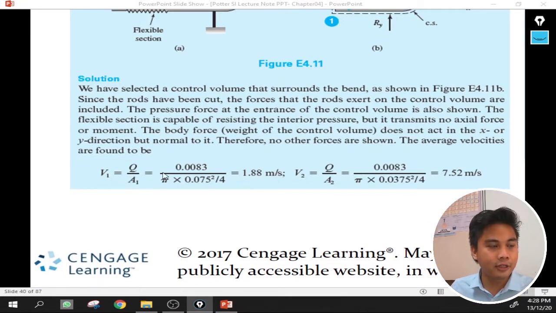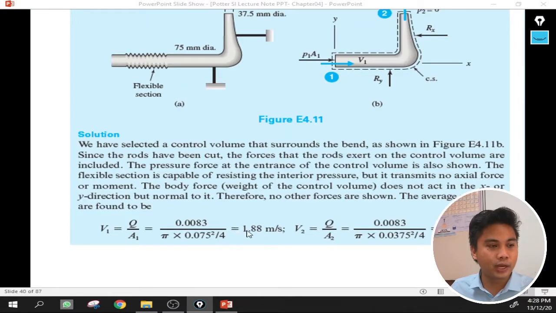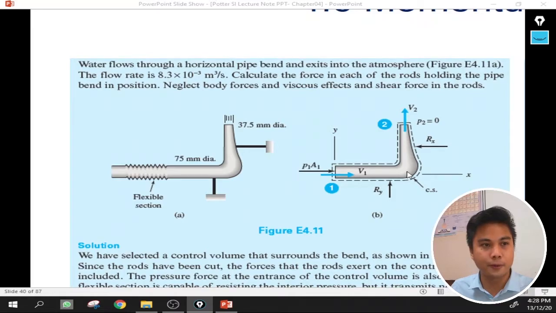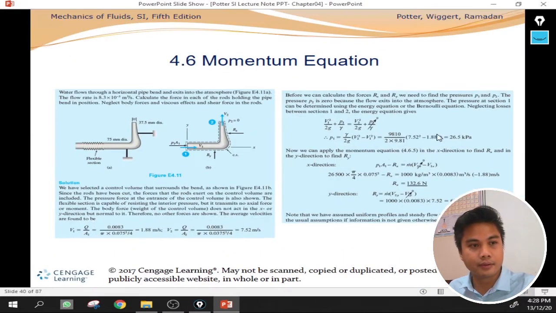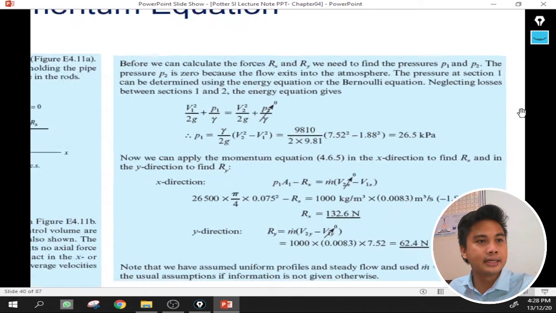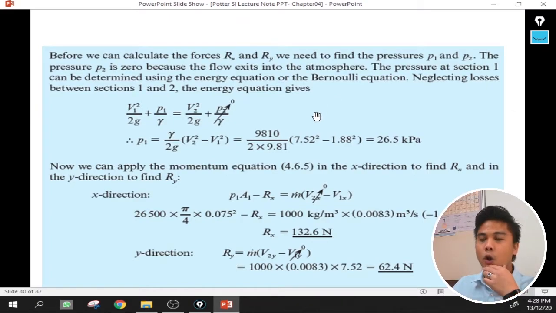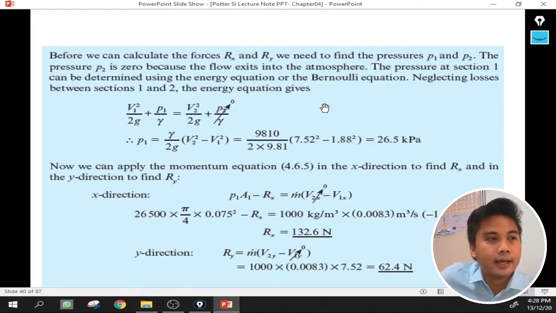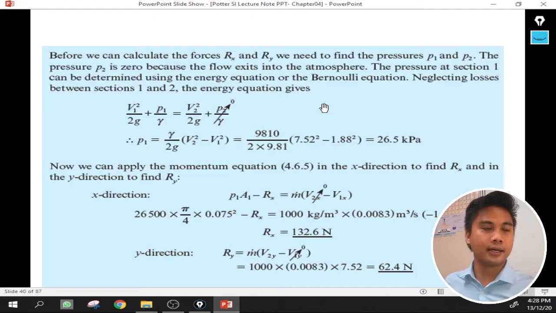After you get the velocity at point 1, which is 1.88, and the velocity at point 2, which is 7.52, you need to use the Bernoulli equation, or you can use the energy equation. Remember, the energy equation includes the head of the turbine or head of the pump, with the loss.